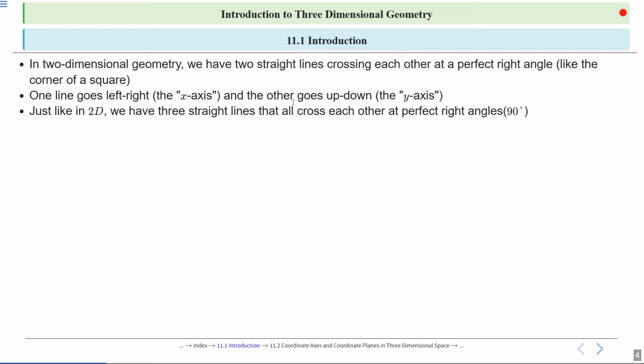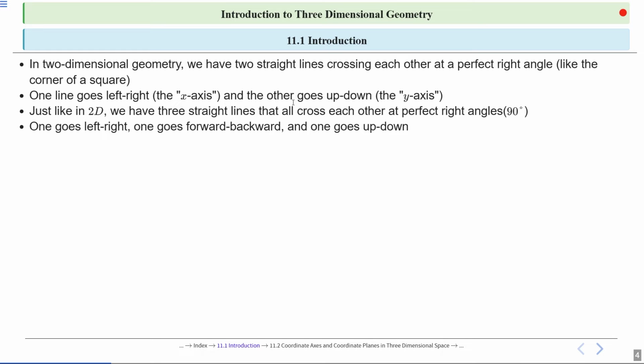Notice how in three-dimensional geometry we add one more line, just like in 2D. We want all the lines to cross each other at perfect right angles, or 90 degrees. This gives us three axes instead of just two. So let's look at what these three axes represent.